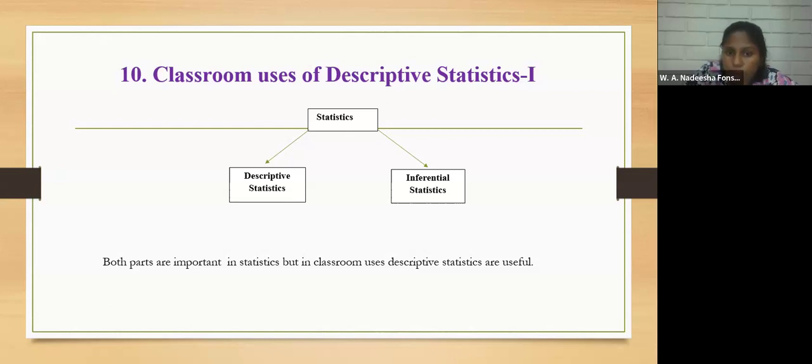Both are very, very important, but most probably in classroom uses, we use descriptive statistics. Actually, you as teachers presently also use descriptive statistics: bar charts, pie charts, tally marks.